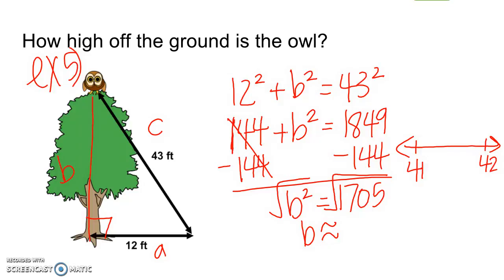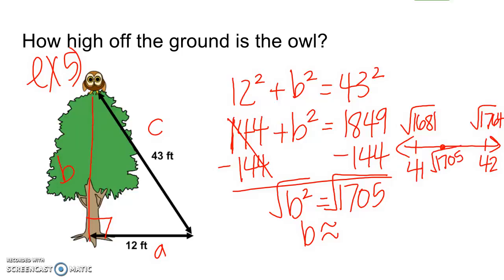You may not have known that off the top of your head. To be honest, I didn't know that off the top of my head. I had to look at my little list that I have. So 41 is the square root of 1,681. 42 is the square root of 1,764. And 1,705 is going to be between those.